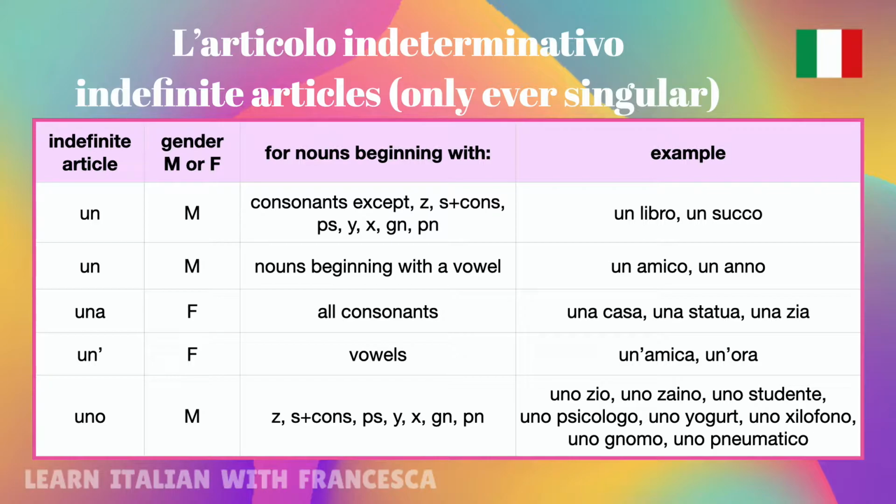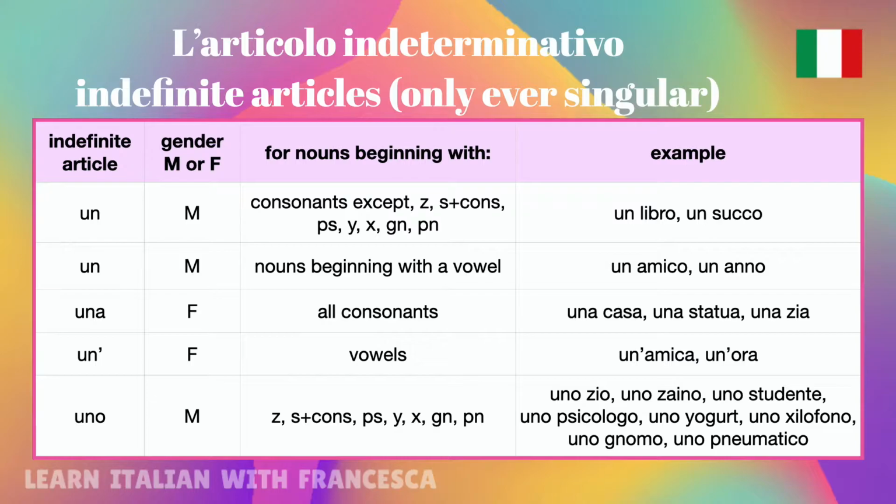In the second row, un, always singular, masculine, used for nouns that begin with a vowel. For example, un amico, a friend, a male friend. Un anno, a year.